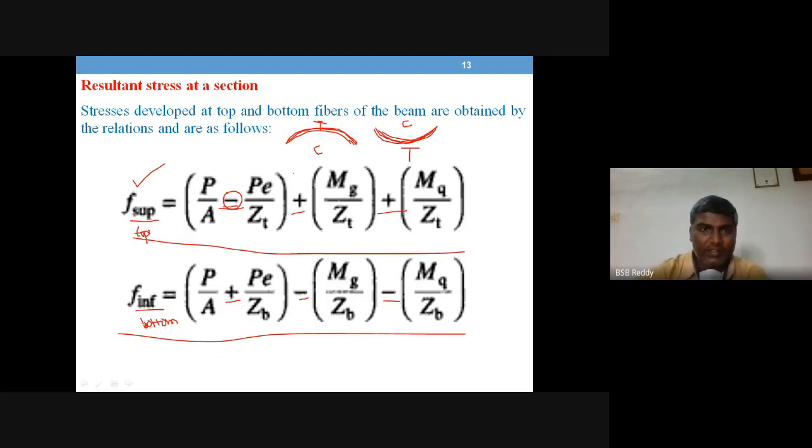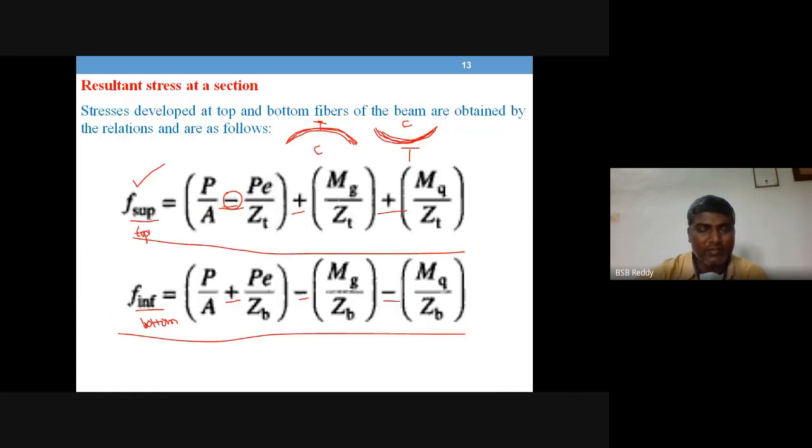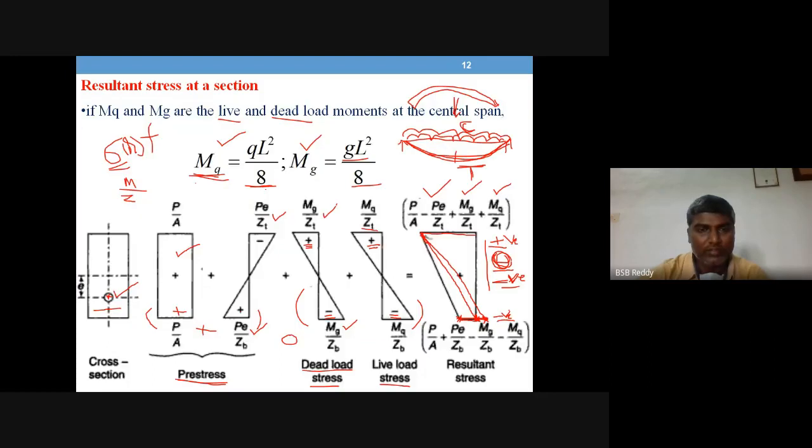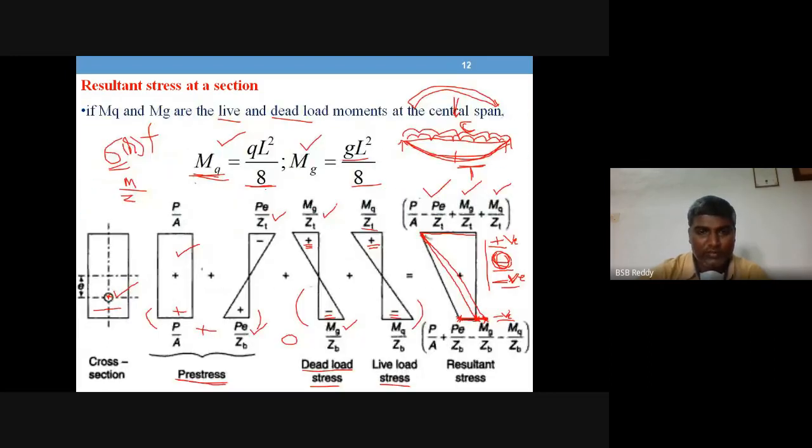Okay, right. So next session we will see an example. That's all for this session. This is the complete information regarding analysis of pre-stress, when you want the resultant stress at top and bottom to be calculated because of pre-stress, dead load, and live loads coming onto the pre-stressing member.